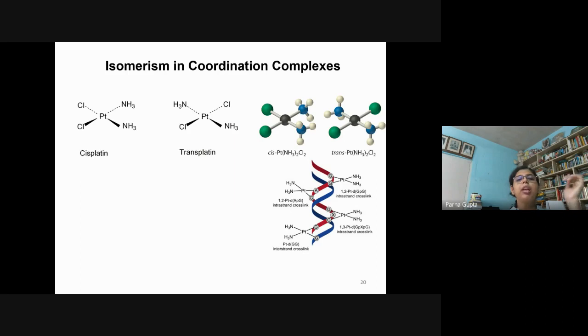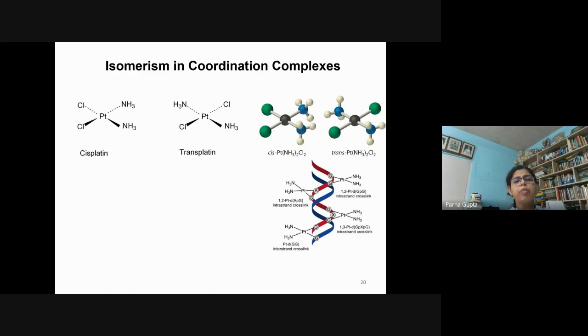So cisplatin, as you know, is very active for cancer therapy, and you can see the reason. The position of the ligand is very important when you are going to do some reactions with that.